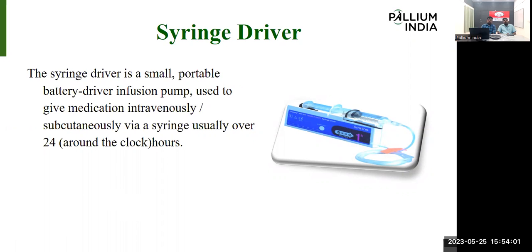The other is the 24-hour type, which means a minimum of 24 hours: 24, 48, 72 hours like that. According to the doctor's prescription, for how long one medicine needs to be given, we calculate according to the time period and set it in the syringe driver. This was just an example, and I have just introduced the syringe driver to you.